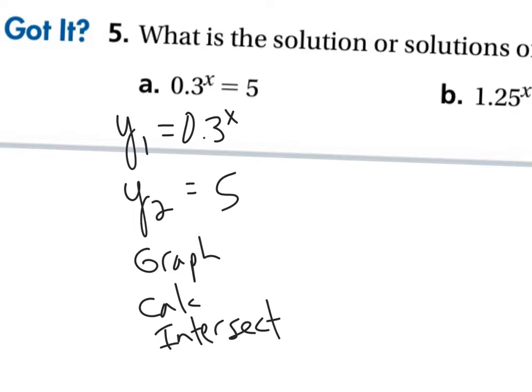It's not always going to have two intersection points. It's possible it could only have one intersection point, just depending on how it goes. This one actually is only going to have one intersection point.